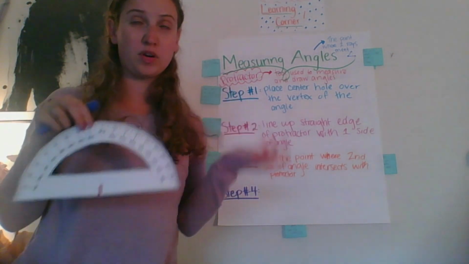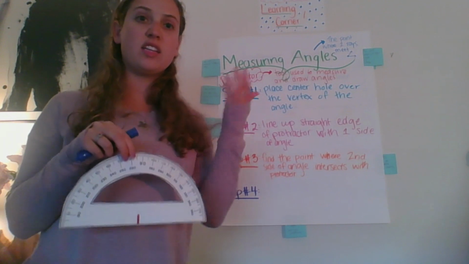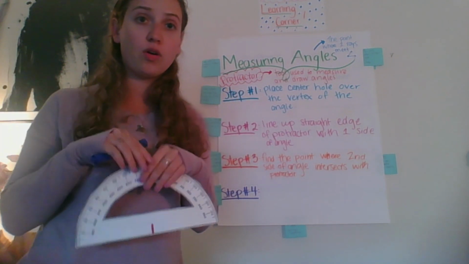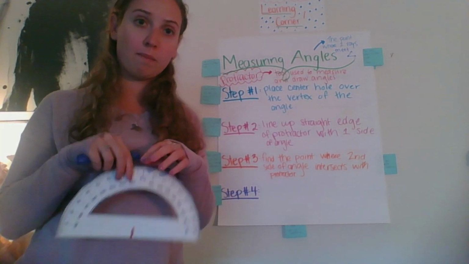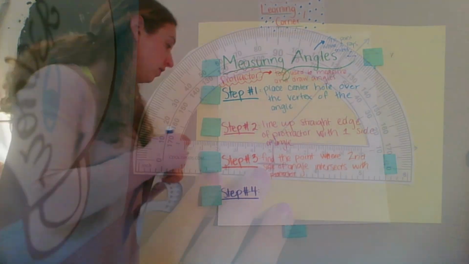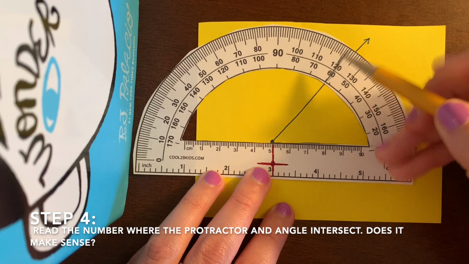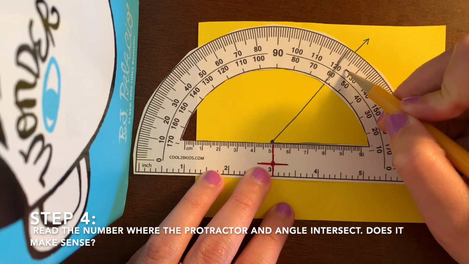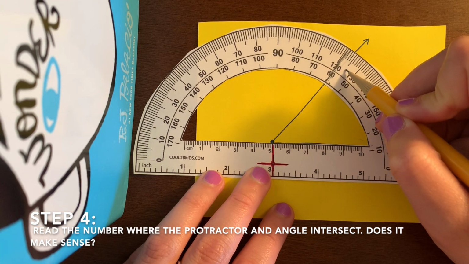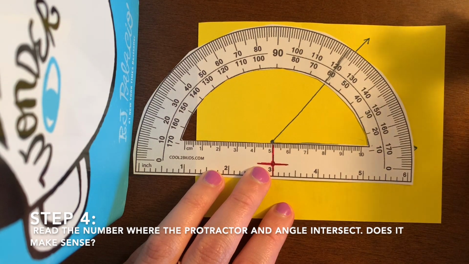Then we're going to think again to ourselves, is it an obtuse angle, an acute angle, or a right angle? So which number makes the most sense? If this is where my ray of my angle intersects at either 60 degrees or 120 degrees, I have to ask myself, which one makes sense?